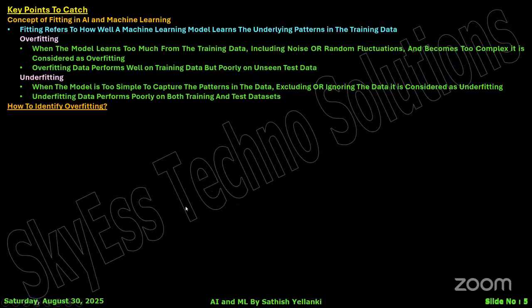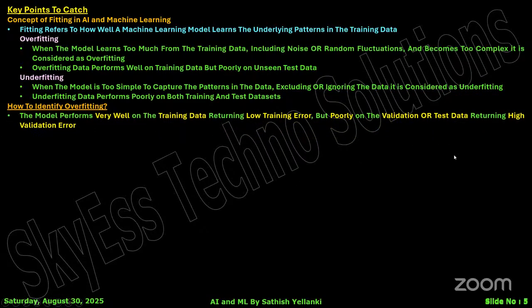When you put your model through implementation in your development environment, you are getting 95, 98, 75, 80 percent accuracy. But when you take this model and push it into actual implementation, where validation or test data is used, it is returning high validation errors. Means a high amount of validation failures are happening in the model.